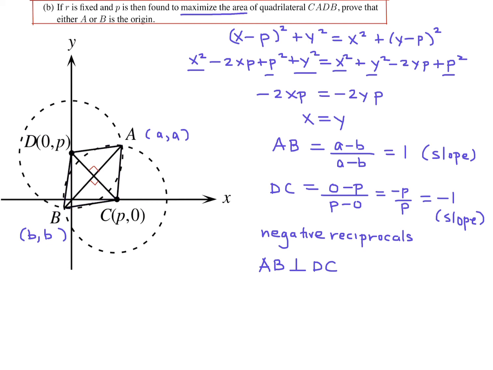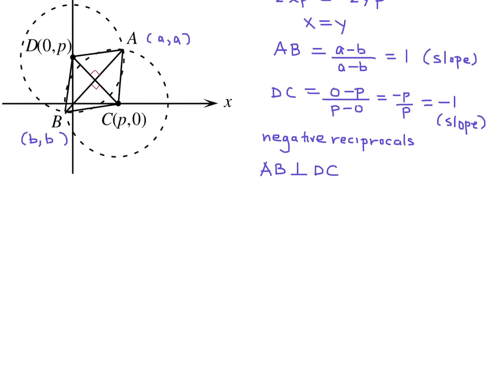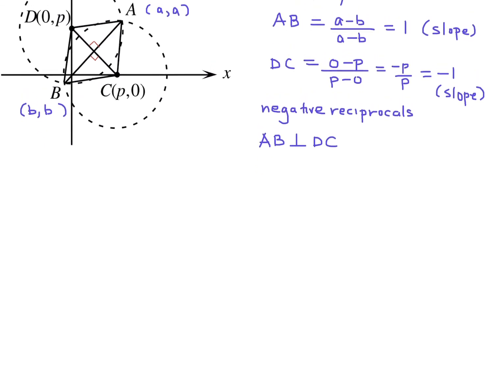Whatever shape that is, we want to maximize the area of that. And when we do, we will somehow prove that either A or B is the origin. Origin meaning the coordinates is 0, 0, like that. But first, let's concentrate on this. Maximize the area of that quadrilateral. Okay? So we have to maximize that area. So what is that area?